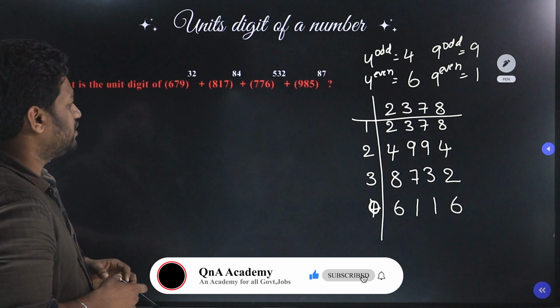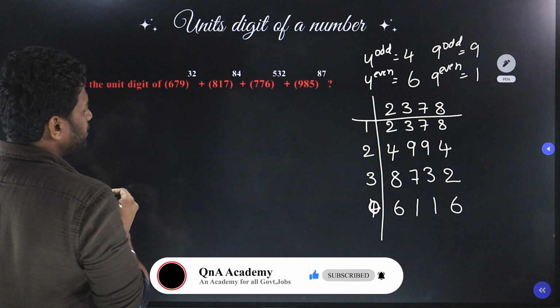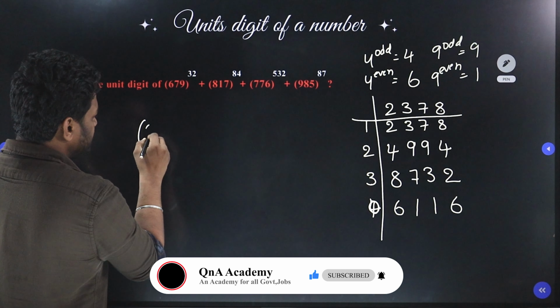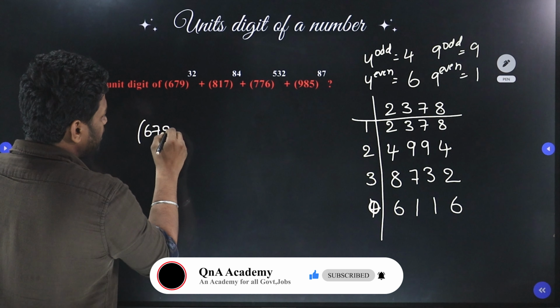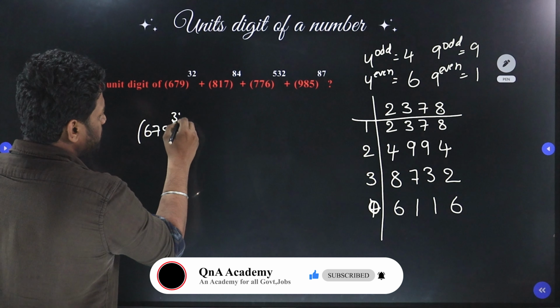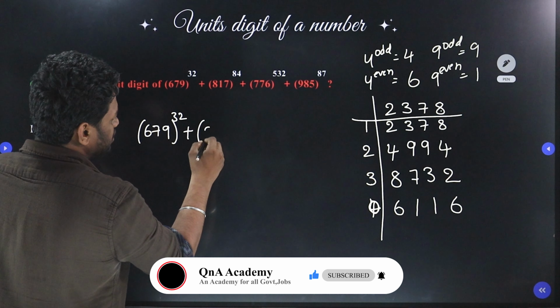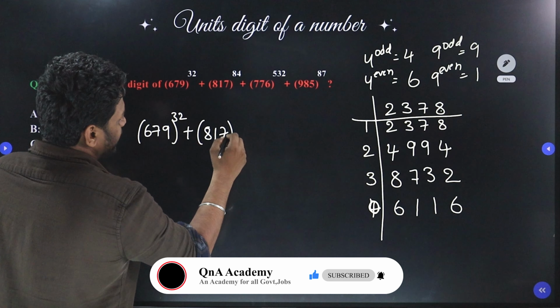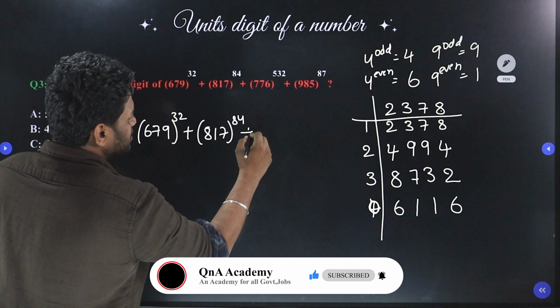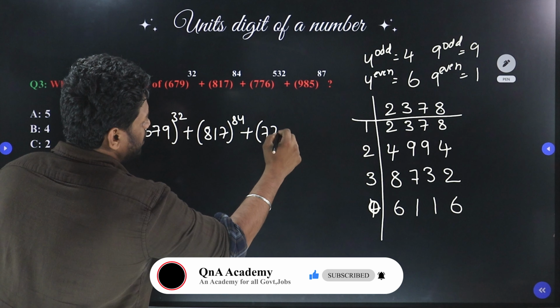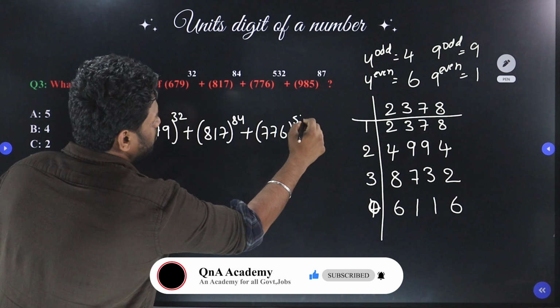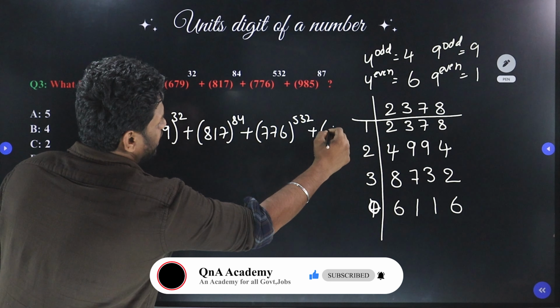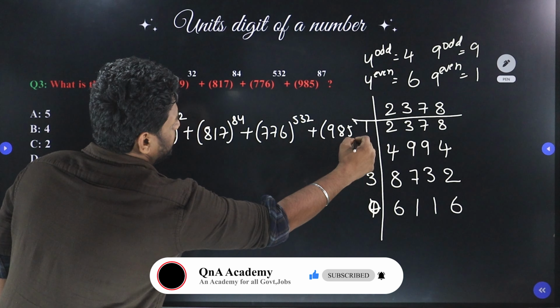Now here if you observe the question, first of all, let me write the question. What they have given? 679 power 32 plus 817 power 84 plus 776 power 532 plus 985 power 87.